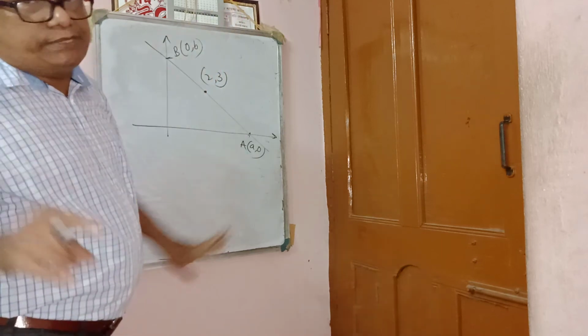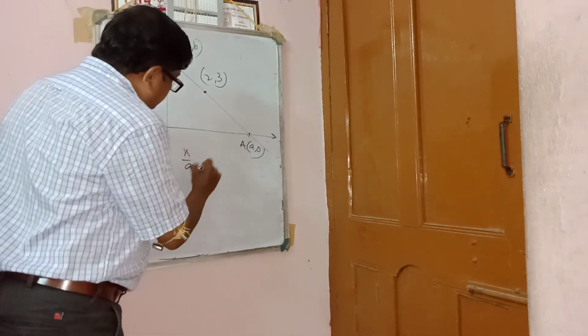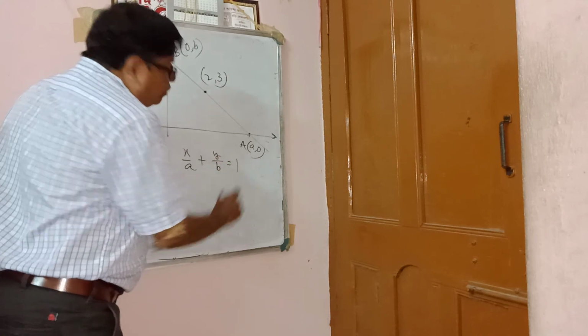All of you know the equation of the straight line: x by a plus y by b equal to 1.